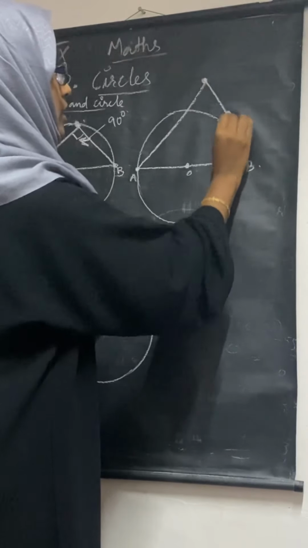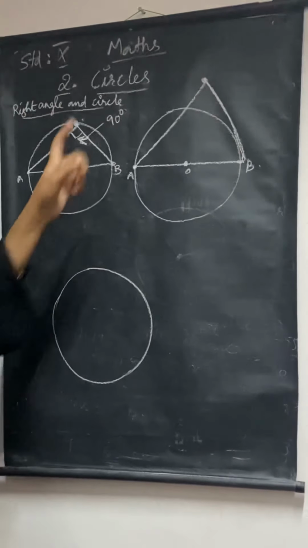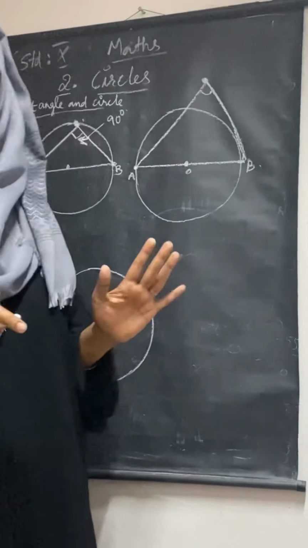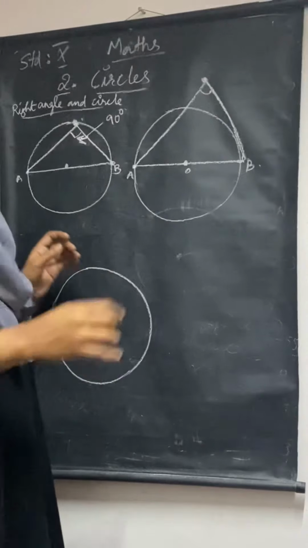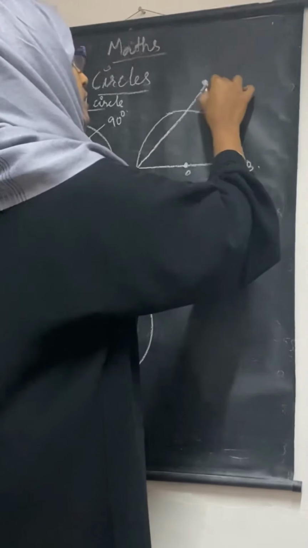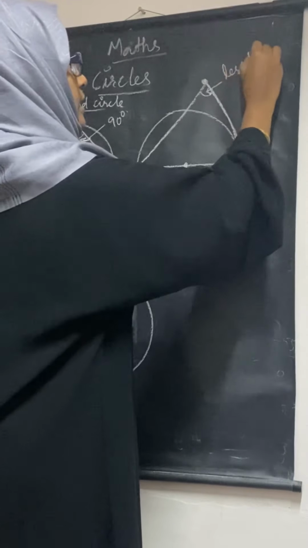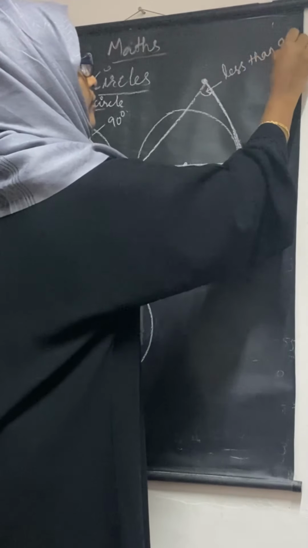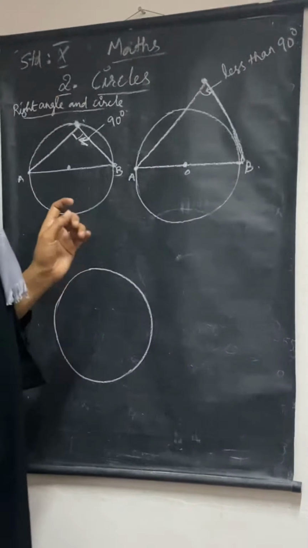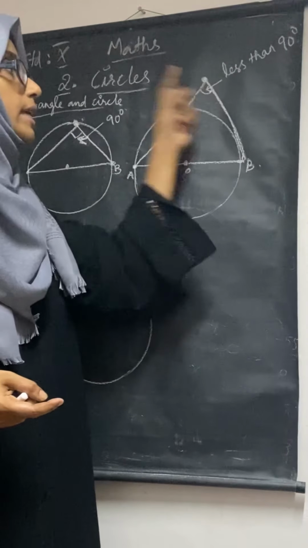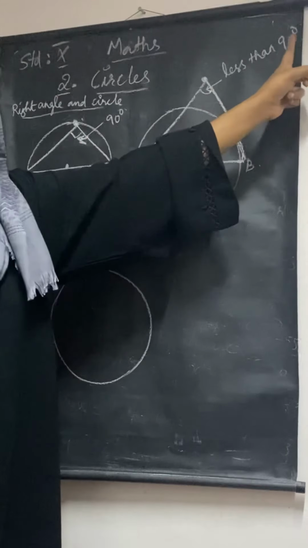Like this, okay? What happens to this angle? Is it 90 degrees? It will not be 90 degrees. Actually it is less than 90 degrees. Remember always, whenever a point is on the circle, it is 90 degrees. Whenever a point is outside the circle, it will form less than 90 degrees.